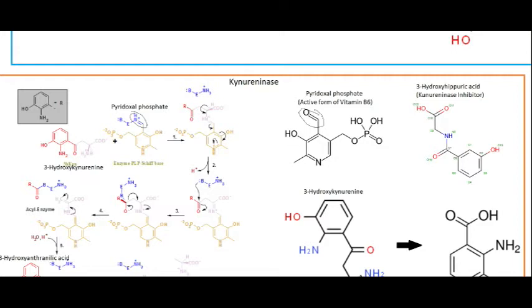But then we can see that our 3-hydroxykynurenine actually comes in and displaces the lysine and forms its own Schiff base here with the vitamin B6. So the nitrogen over here on our 3-hydroxykynurenine is replacing that Schiff base from the lysine there.